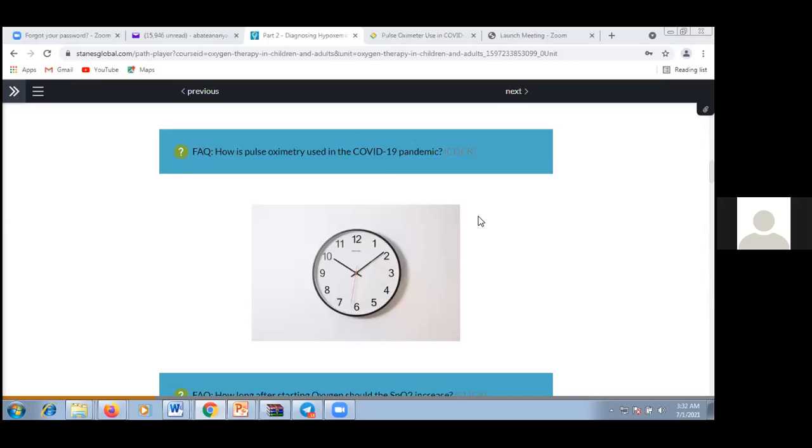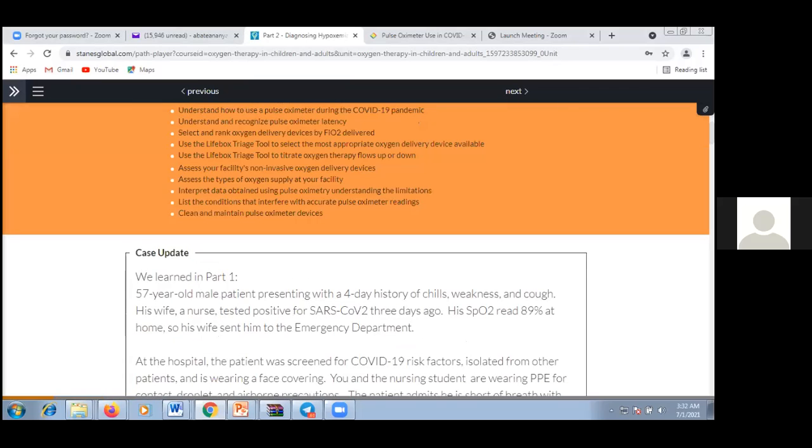Yeah, thank you very much, Dr. Mahalet. So we can see how pulse oximetry really changed our management in diagnosis and treatment of hypoxemia, especially in the COVID-19 pandemic. Now let's proceed with the next discussion point.